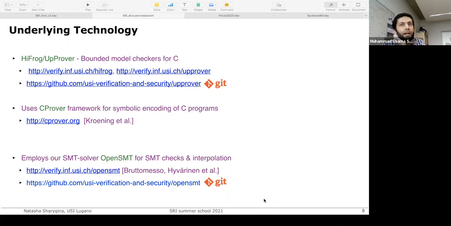So can you compare the current state of your tools to the tools that exist? For example, I'm thinking about nuXmv, which supports bounded model checking. Can you give us some idea when we should use, for instance, nuXmv, and in what kind of scenarios your tool will beat nuXmv, or the other way around?